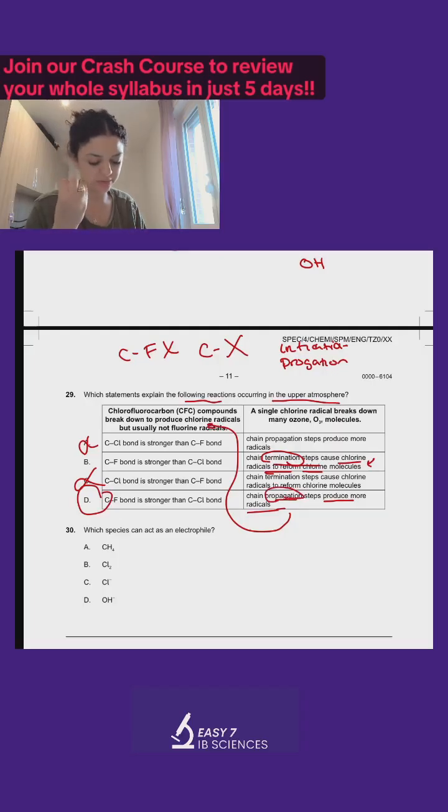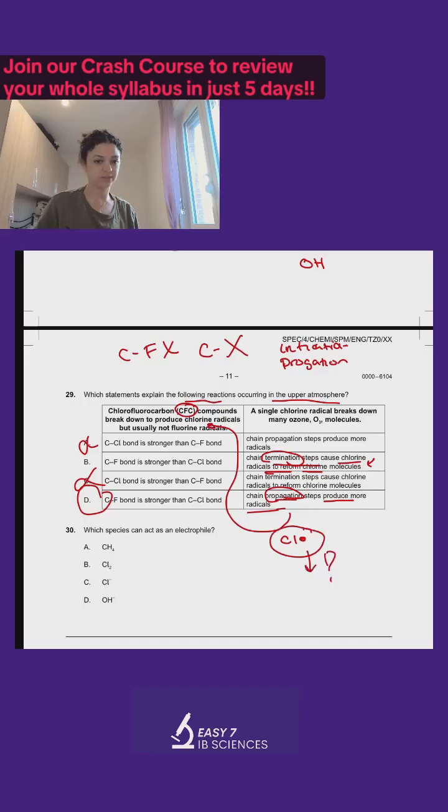The issue with producing CFC is that you have these really reactive things called radicals. These radicals have electrons that are unbonded with each other, okay? And the whole point of creating CFCs is by having these very bad things bond with other bad things, and that's what causes greenhouse gases. So that's why it's definitely not this one. If you didn't know the initiation or termination step, it's this one because it mentions the production of more radicals.